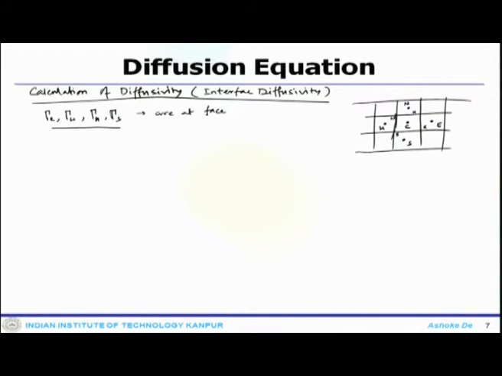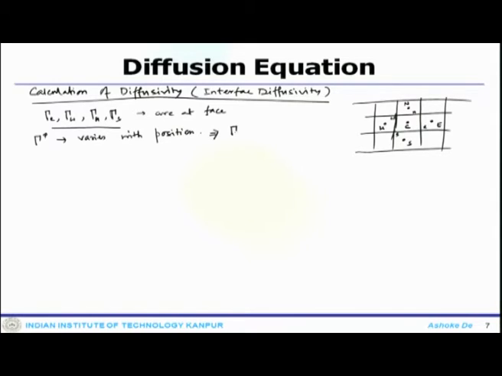Now, it is important when this gamma, or gamma phi, varies with position. If it varies with position, you will have different values of gamma at the cell centers.